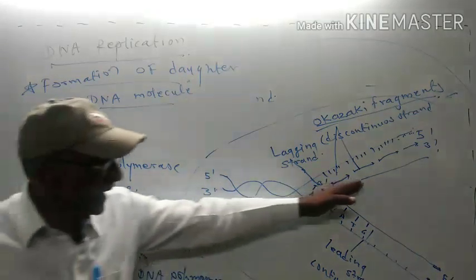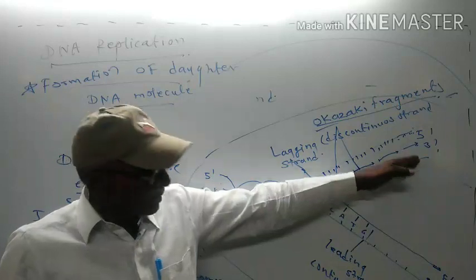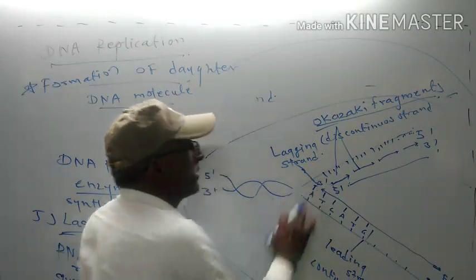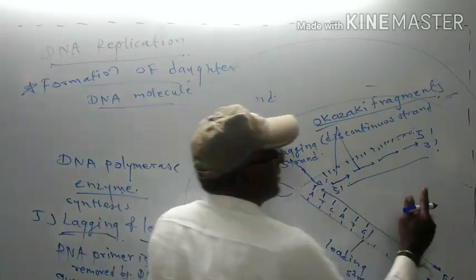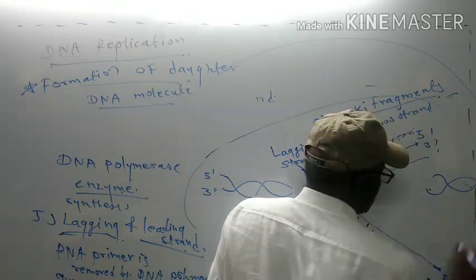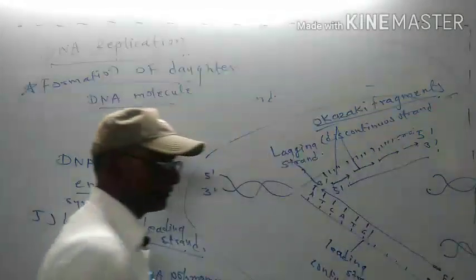So these two strands which are formed, this DNA separates from here, and after separating, this daughter DNA is revived in this form, and a double helical new DNA is formed here.